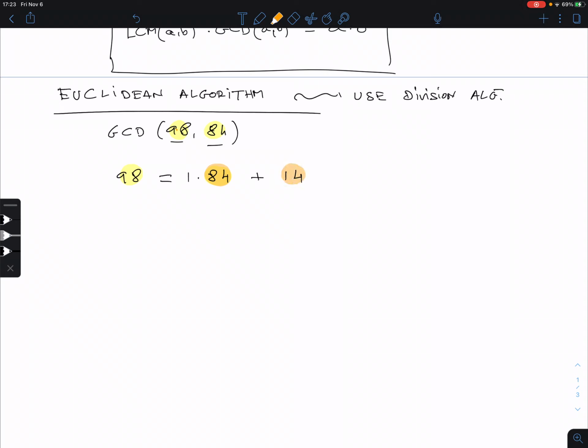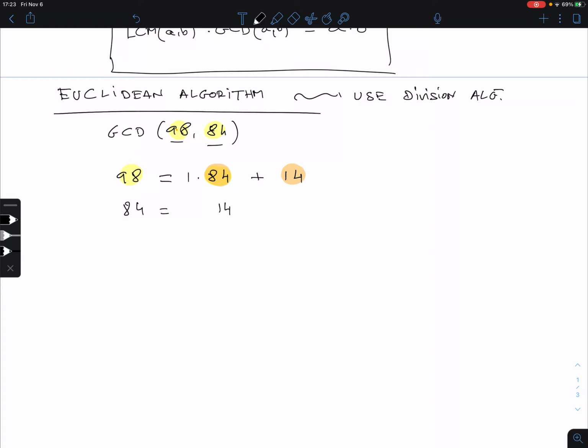So be careful, this is the divisor. I'm not taking the difference. I'm taking the element that I divide by and the remainder, and I repeat the same calculation. In other words, I do the division algorithm with 84 and 14.